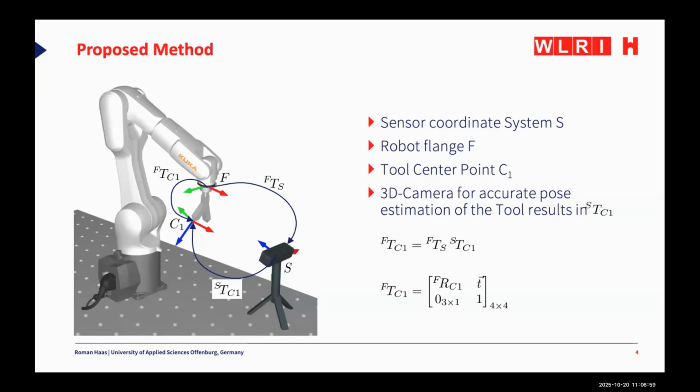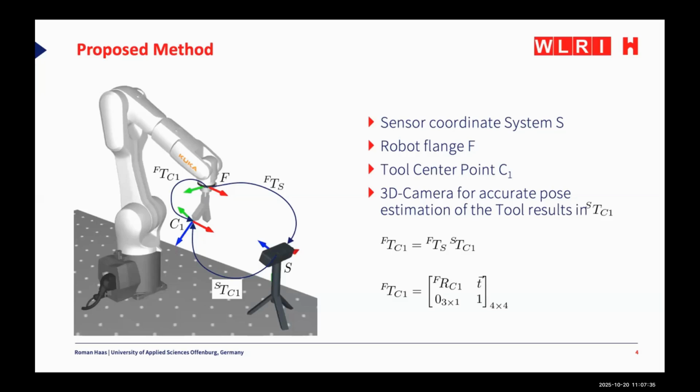C1 is in this example the TCP position. But we are interested in this transformation matrix, from flange to C1. And by chaining the transformation matrices, we can get this matrix by going this way: get FTS, and from there, STC1. And then we are at this equation, so we get FTC1, for example.